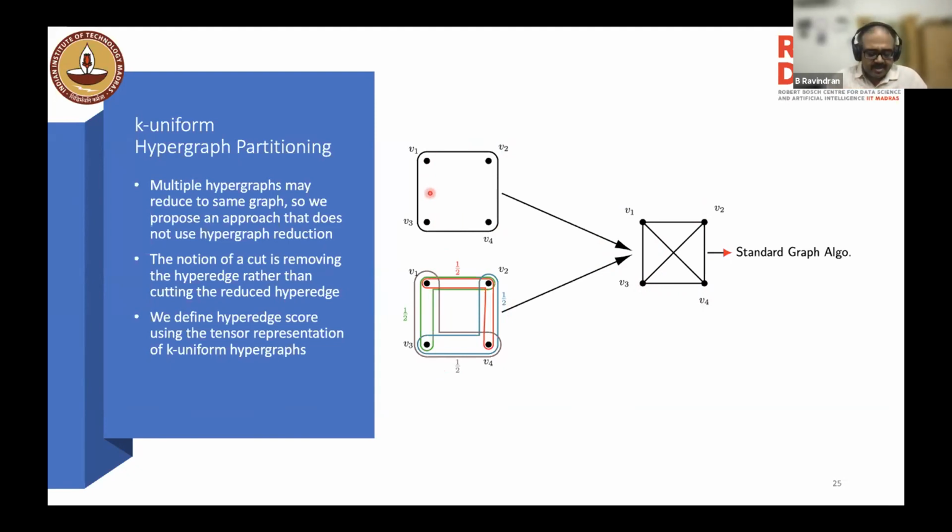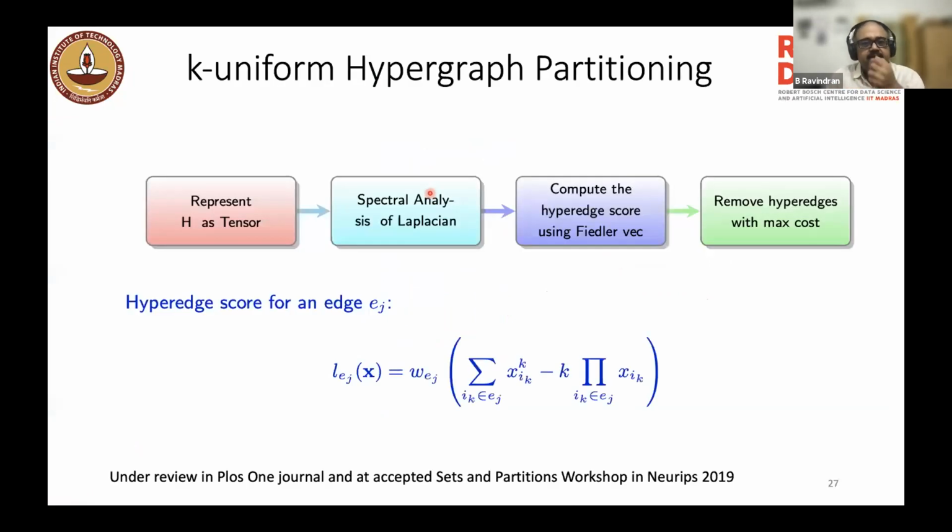So we wanted to see if we can come up with a mechanism where we can keep the hypergraph representation as some kind of tensor, and then work with that without having to do the reduction. And so we came up with this notion of a hyperedge score. The hyperedge score is essentially: you take the Fiedler vector, which is the second eigenvector of the Laplacian of the graph, and then you take the sum of the kth power, if you're looking at a k-uniform hypergraph, of the components of the eigenvector that lie on that edge, and the product of those.